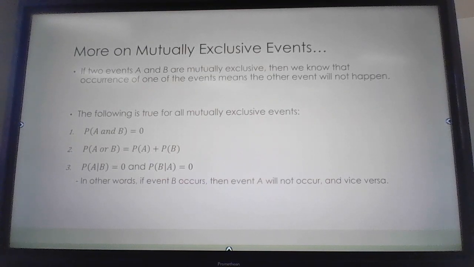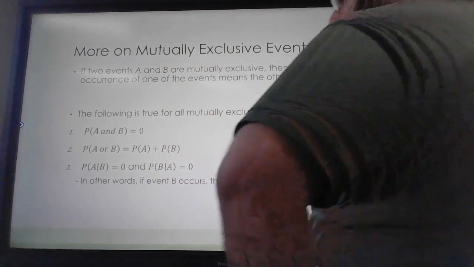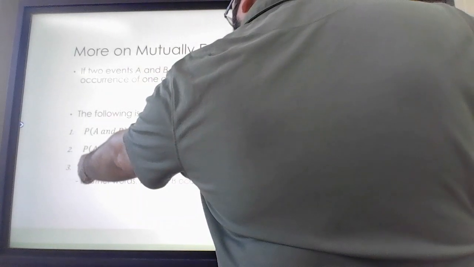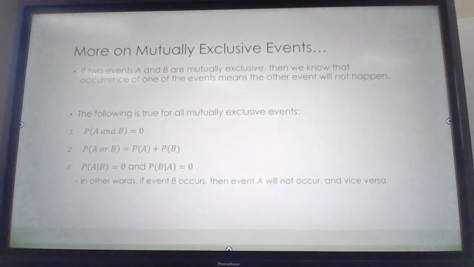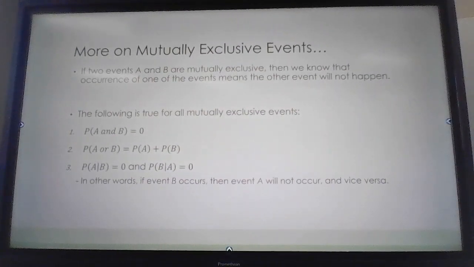B given A is also 0, because again, they can't happen in the same space. So if events are mutually exclusive, the conditional probabilities are going to be 0. In other words, if B occurs, then we know for sure that A will not occur, and vice versa.